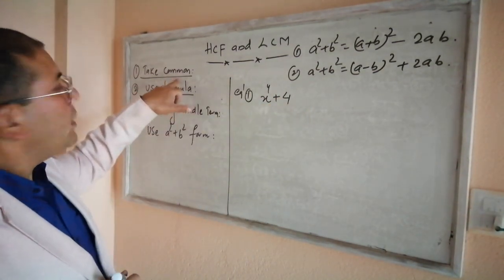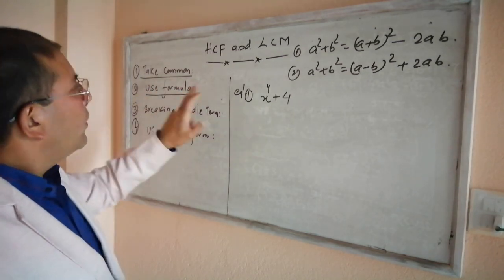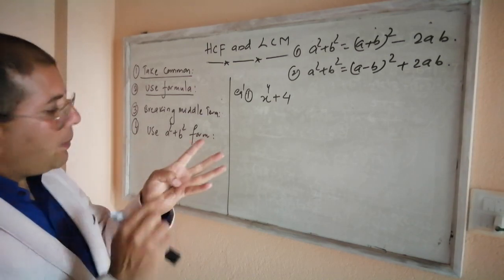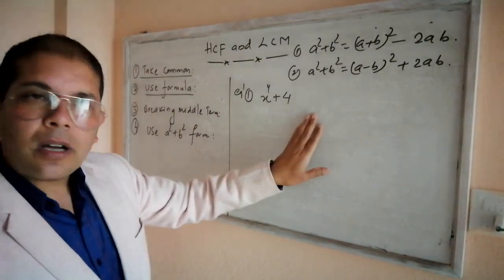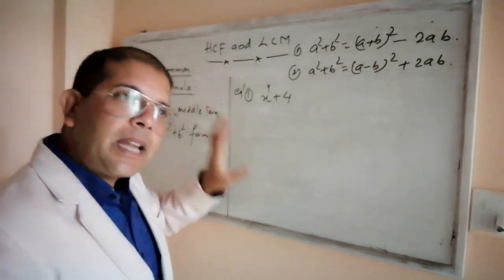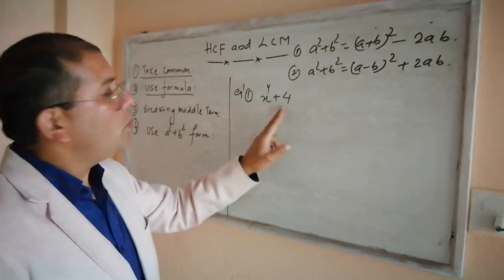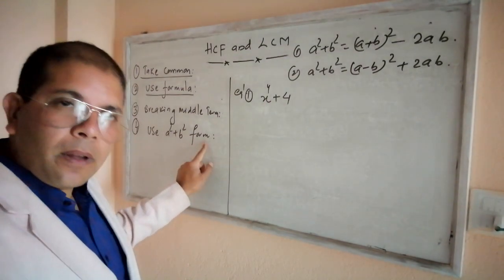We have the first method, take common. Can you take common? No. Use formula. For formula, we must have a square minus b square, a cube minus b cube, or a cube plus b cube. This is not. Number three, breaking middle term. For breaking middle term, you must have 3 terms, but here there are only 2 terms.